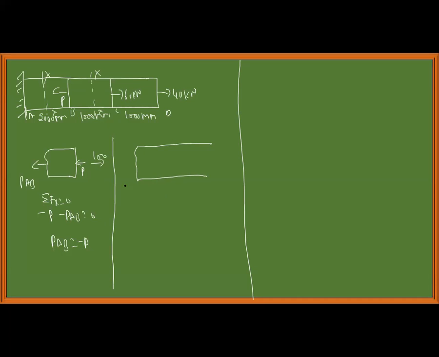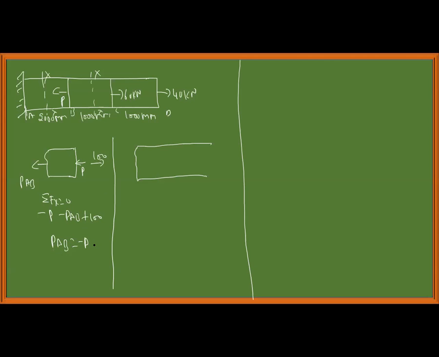Yes, sir, I missed. Directly 100 I will take. PAB minus P plus 100. This will be minus P minus PAB plus 100, or PAB is equal to minus P plus 100.